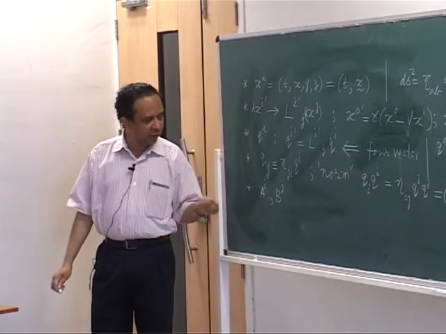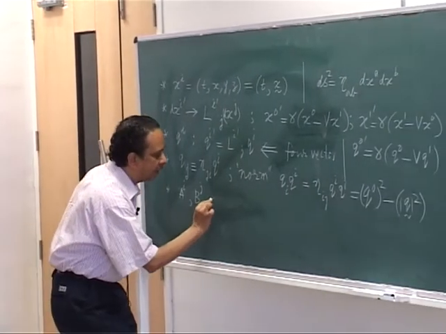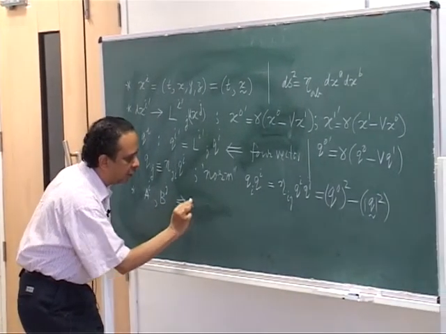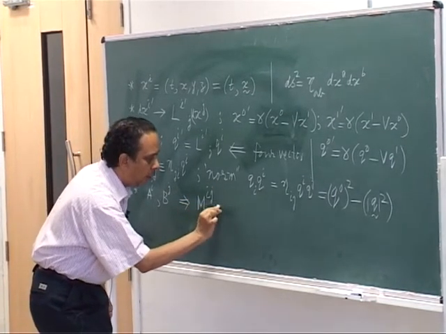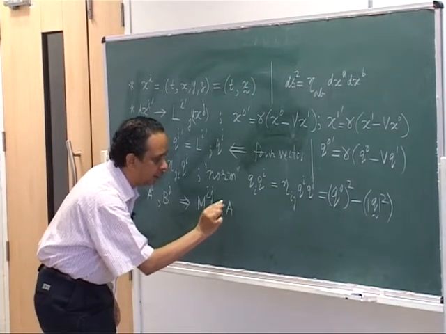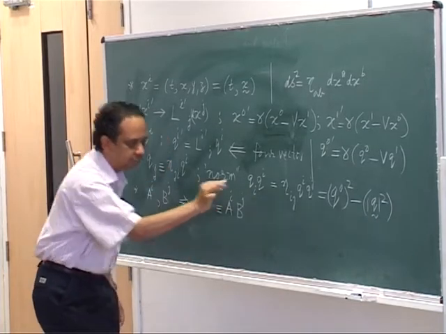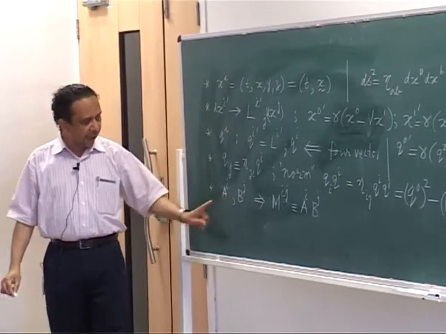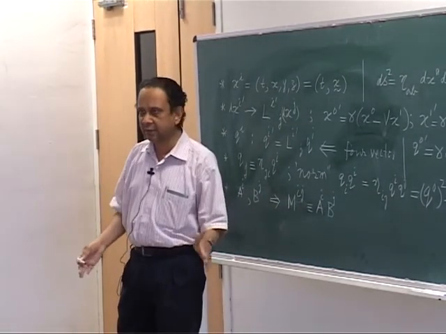The first thing you can do is you can take these two and multiply and obtain from them an object which I will call M^ij, which is by definition a^i b^j. Now, a^i has 4 components, b^j has 4 components, so M^ij in general has 16 components.